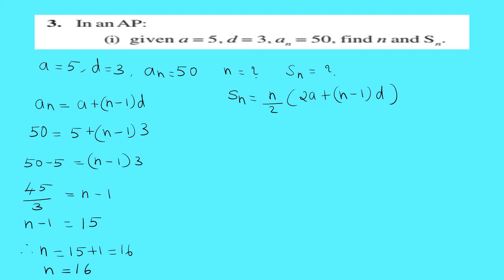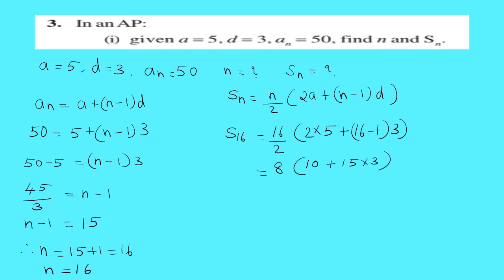That is, you are having n as 16, so you are finding S16, that is equal to 16 upon 2 multiplied by 2 multiplied by a, which is 5, plus n minus 1, that is 16 minus 1 multiplied by d, that is 3, that is equal to 16 upon 2, that is 8 multiplied by 10 plus 15 multiplied by 3, that is 8 multiplied by 10 plus 45, that is equal to 8 multiplied by 55. 8 multiplied by 55 equal to 440.